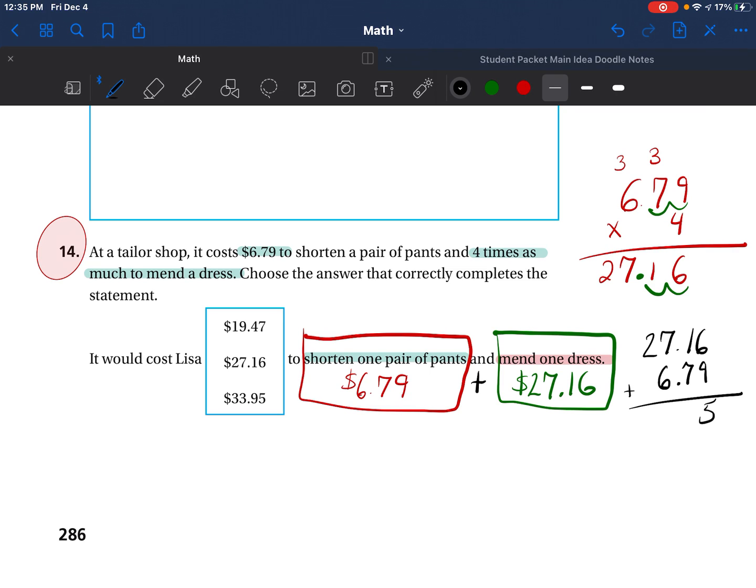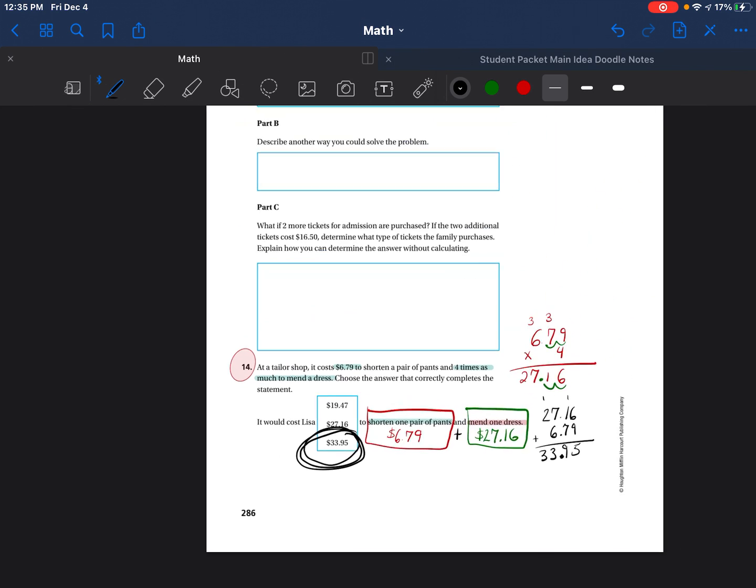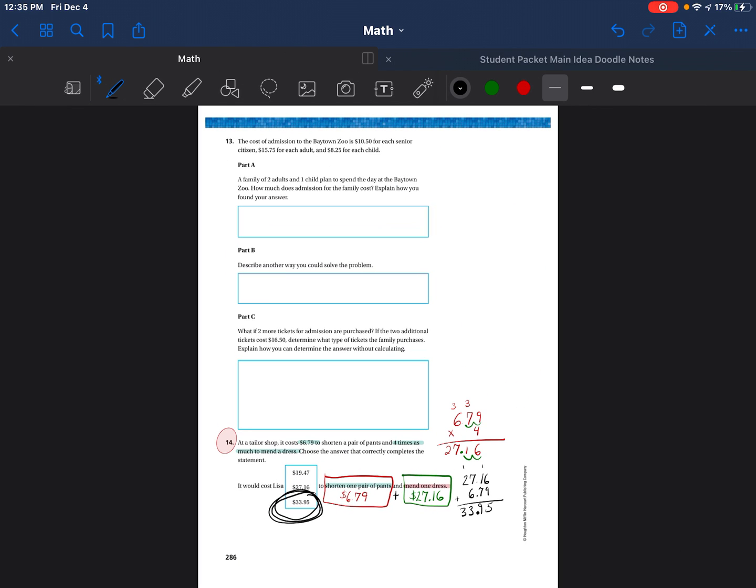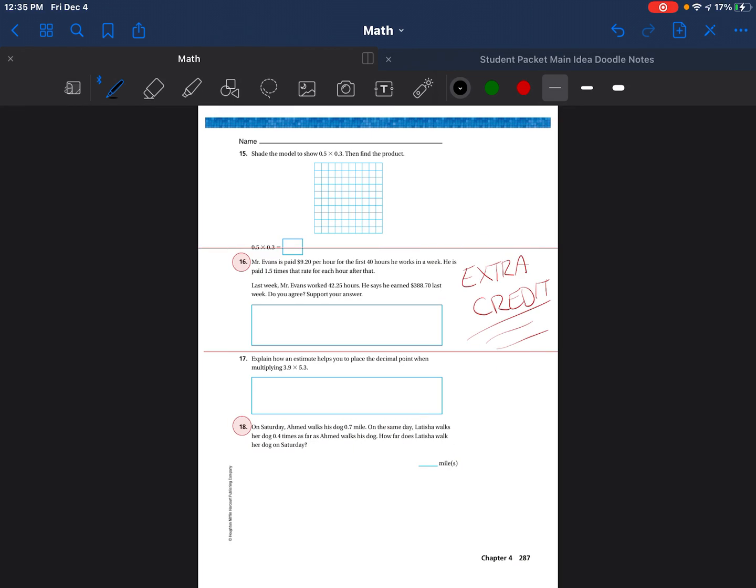So 9 plus 6 is 15. 5, carry the 1. Decimal comes straight down. 6 plus 7 is 13, plus 1 is 14. That's 3. So it would be a total of $33.95. Be extra careful on this one. I'm telling you, it always gets my students. Take good notes on this, and that way you have it for the test.